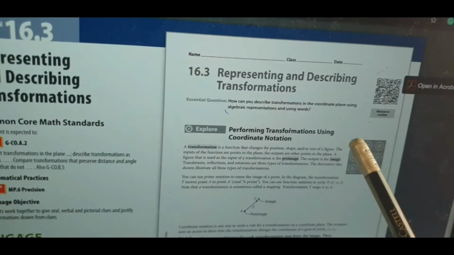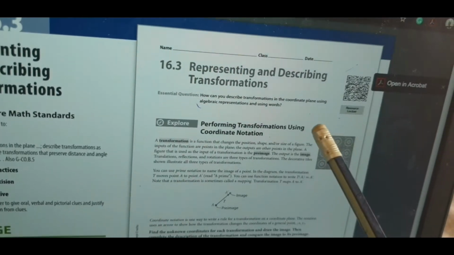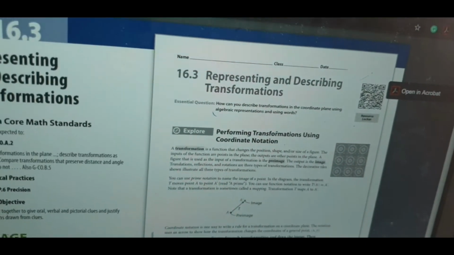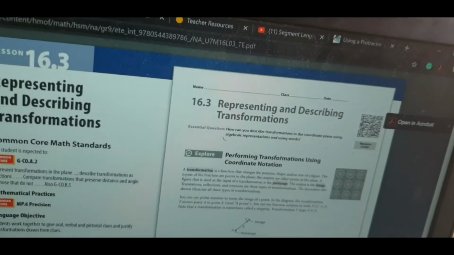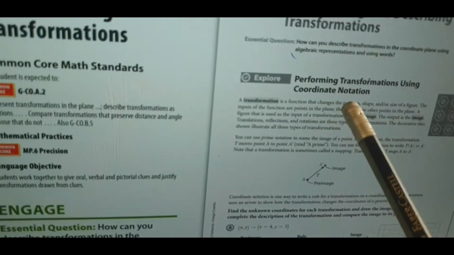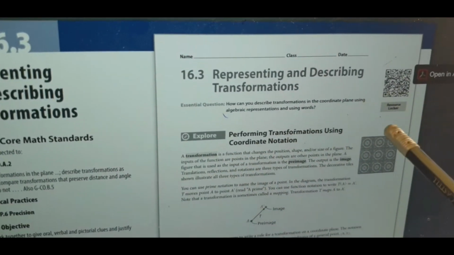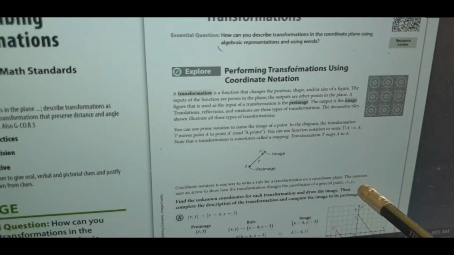Will my square get bigger or smaller? No. Will it change the angles of my square? Again, no. It will never change anything except, again, position. Instead of being here, it will become in here. It was here, it will go down if it's across the x-axis.